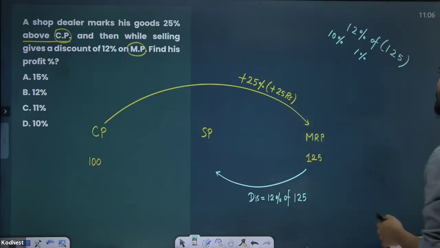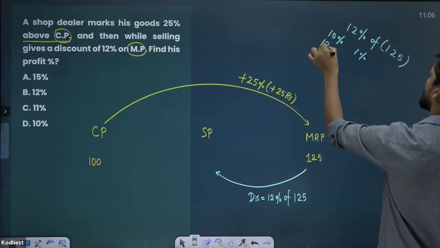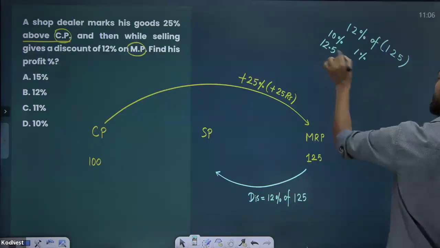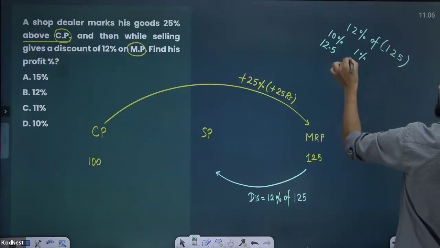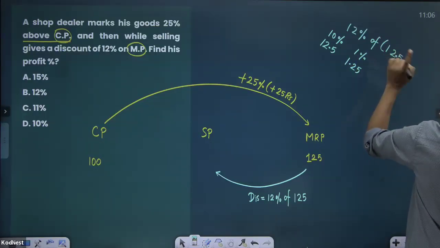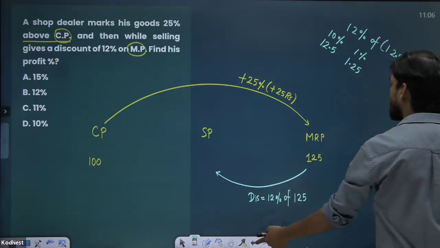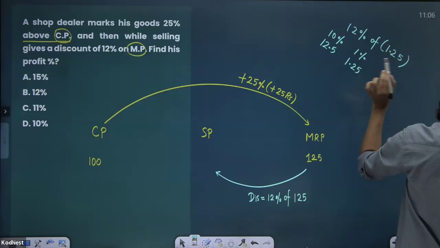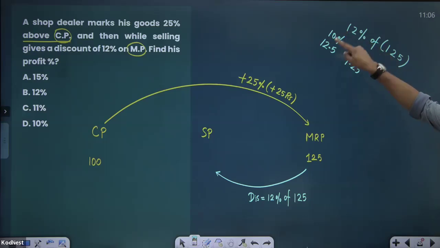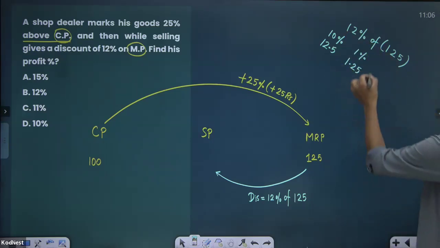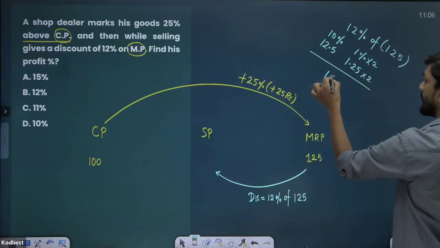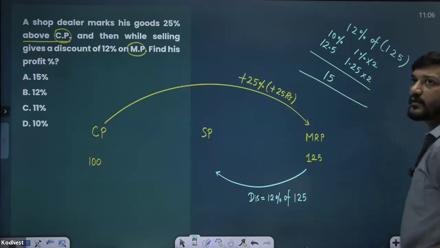And 1% is 1.25. Put a decimal after one place, you will get 10%. Put a decimal after two places, you will get 1%. Simple. So 2% will be twice 1.25. So overall, you will get 15. This is the second way.